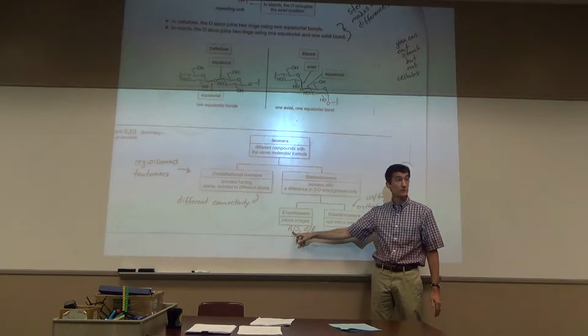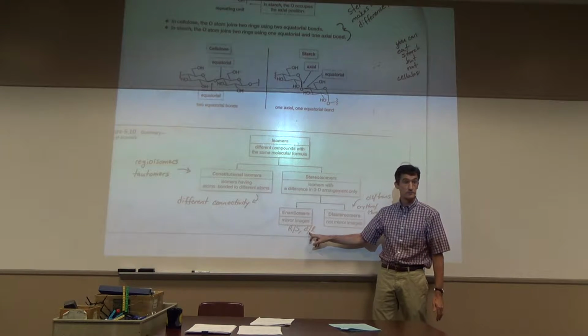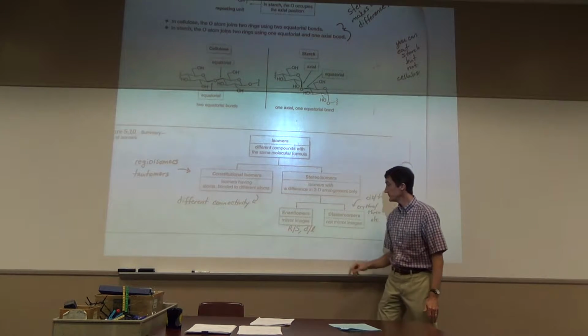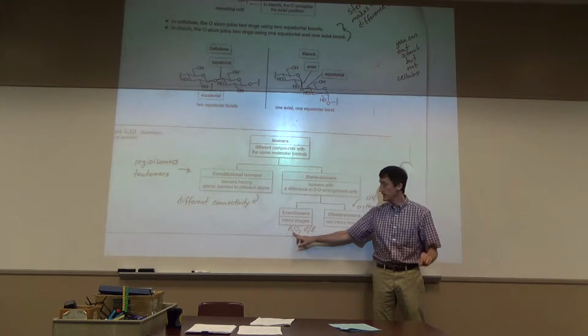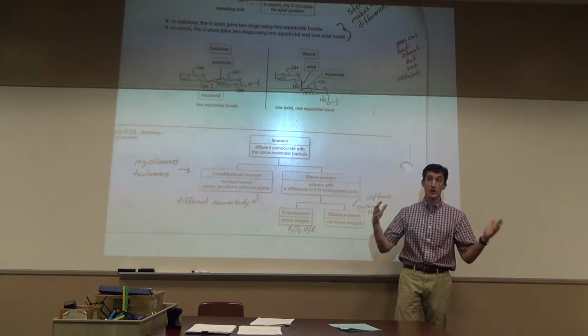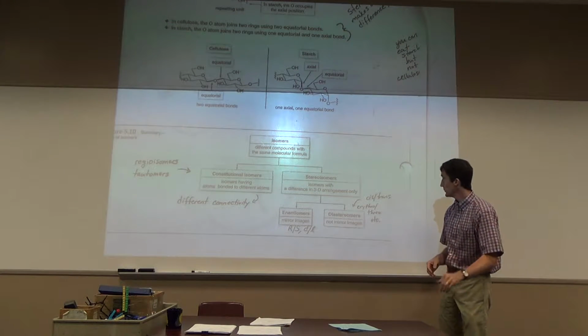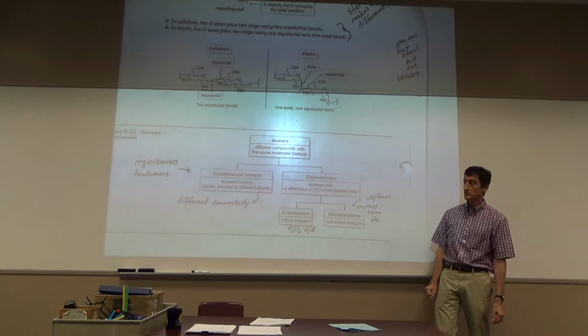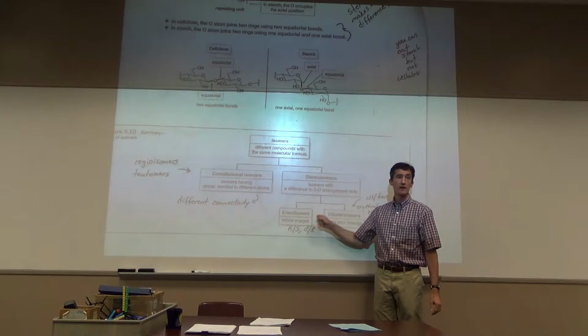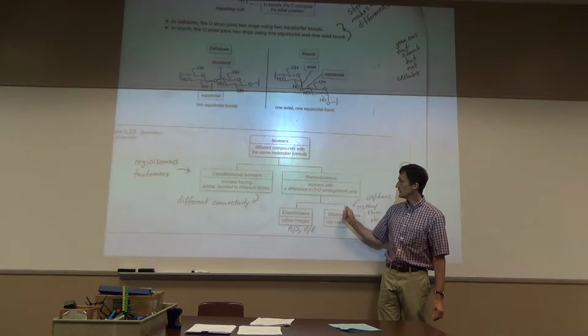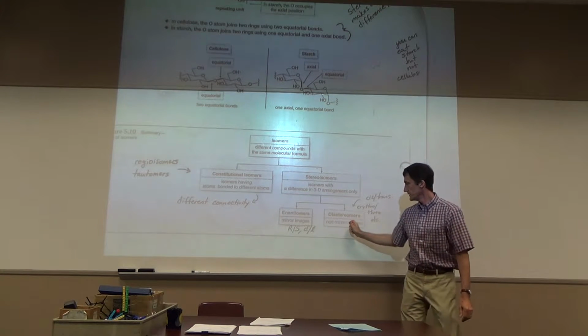Terminology, RS or D or L. You know, you have to know the difference between. RS applies to a certain carbon, the configuration around a certain carbon. D or L is the molecule as a whole. We'll say more about it. The other is diastereomers. That's almost a default. If they're stereoisomers but not mirror images, then they're diastereomers.